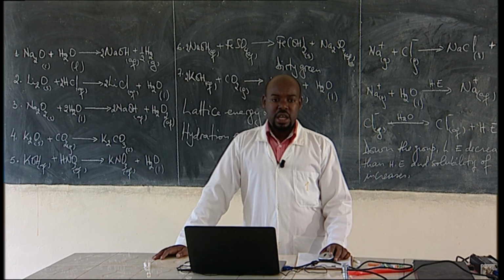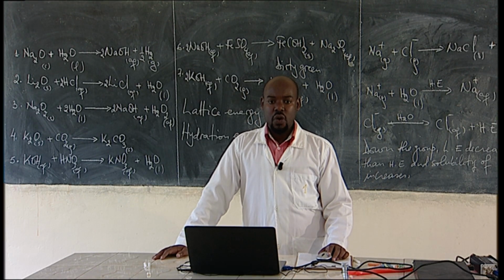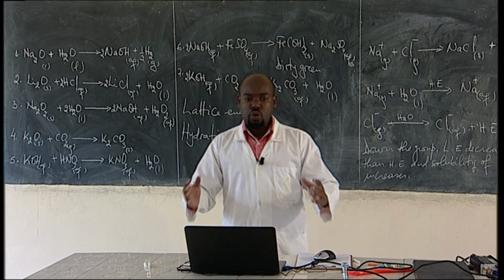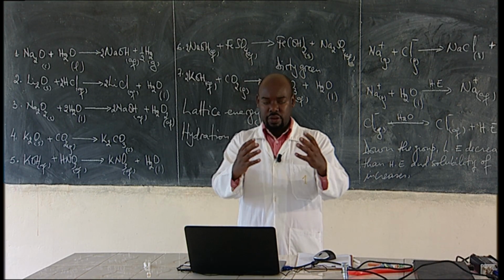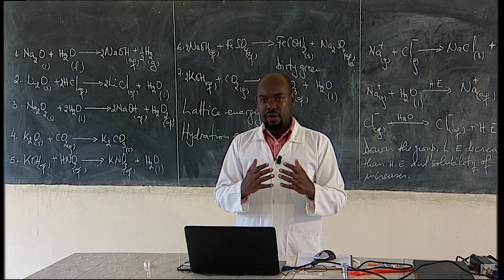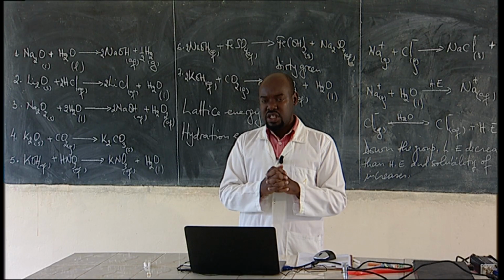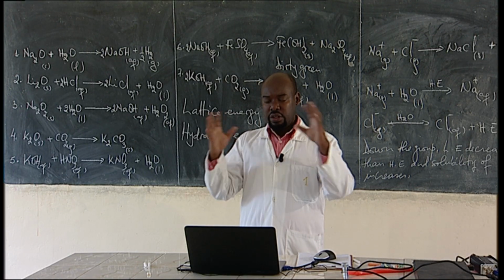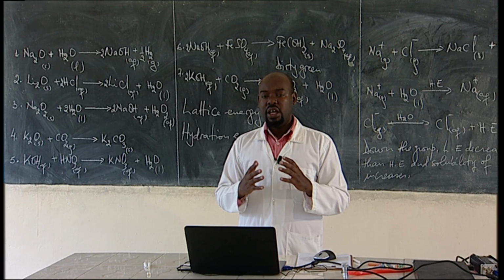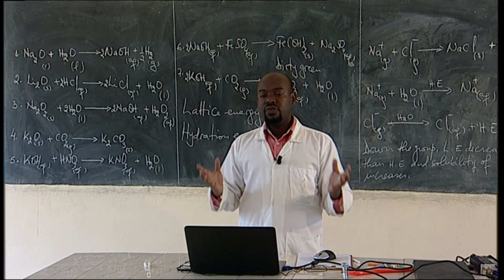Now, the polarizing power, we consider it for cations. It is the ability of a cation to distort the charges of an anion, or to attract the electron cloud towards itself. Remember, a cation is positive, and it is in the proximity of an anion which has a negative cloud.